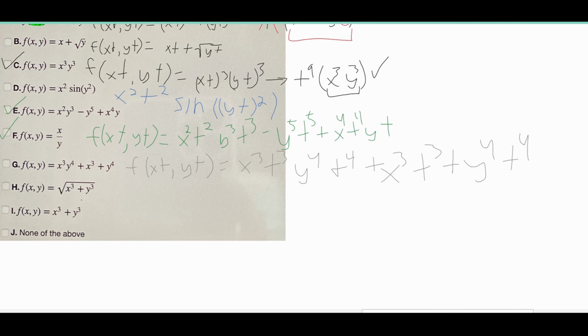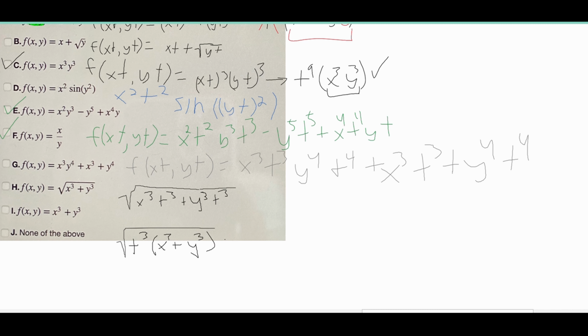For part h, if we plug in our t into the equation, we are going to get the square root, and then inside of our square root we'll have our x cubed, a t cubed, and then a plus y cubed, followed by a t cubed being multiplied onto it. In doing this, we can factor out the t's inside of our square root, and we're going to get a t cubed, and then in parentheses an x plus y. Both of them are going to be raised to the third power.